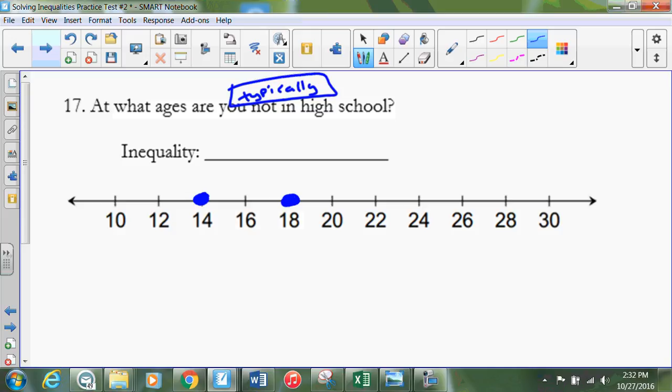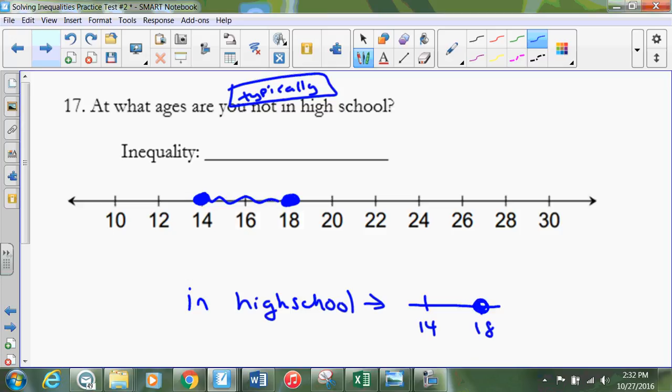Okay, so I'm actually not answering this right, because I'm answering typically in high school. This would be the answer in high school. I'm going to do the opposite. So in high school, it would look like this, from 14 to 18. But that's not what this question asked me, right?